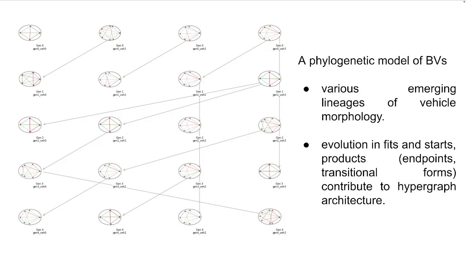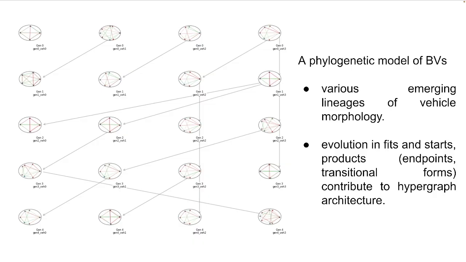What we're going to do here is take this entire structure. It's not really a phylogenetic tree in the conventional sense, because it has multiple common ancestors. But we're going to sample these phenotypes, or these vehicle types, and put them into a hypergraph.